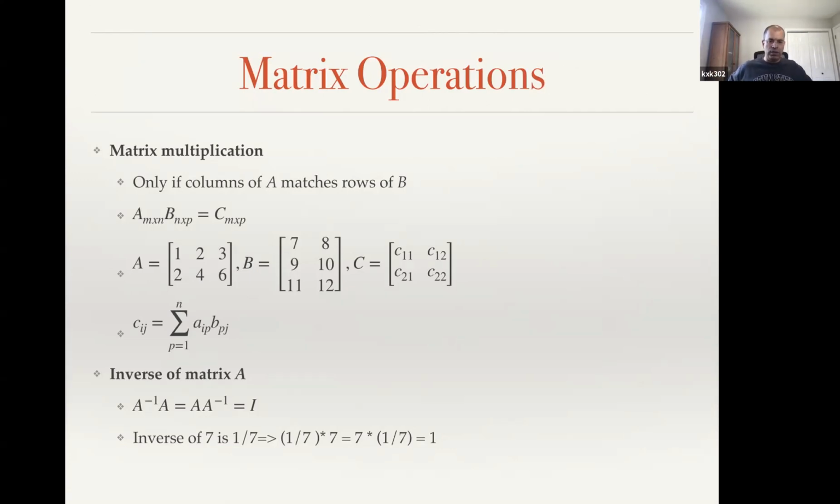There's something called the concept of inverse of a matrix, represented by A minus 1. If you multiply the inverse of a matrix by a matrix, you get an identity matrix. So this is similar to math in a scalar world. When you have a number and you have the inverse of that number and you multiply them together, you get 1. It's the same concept applied to matrices.